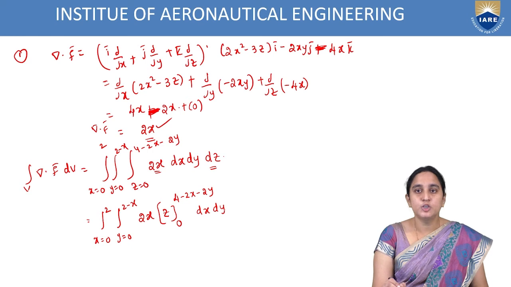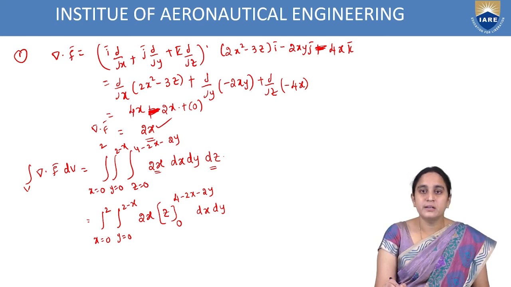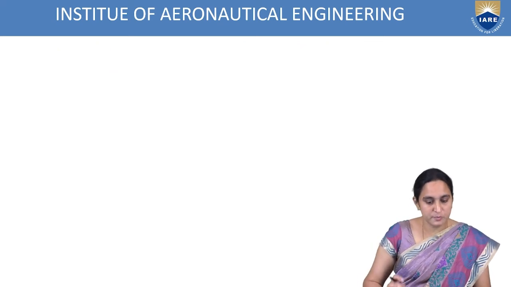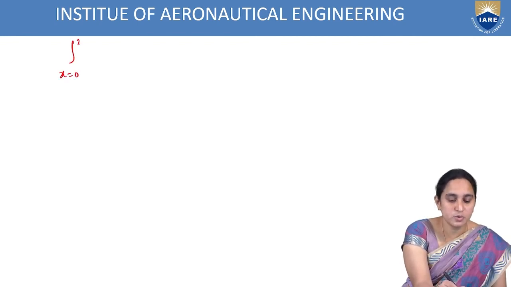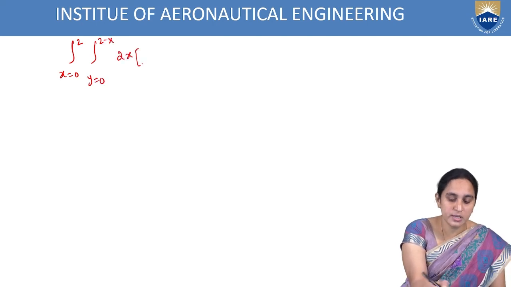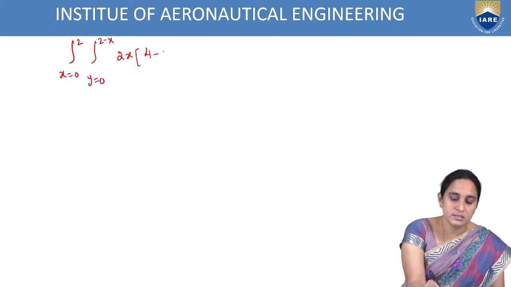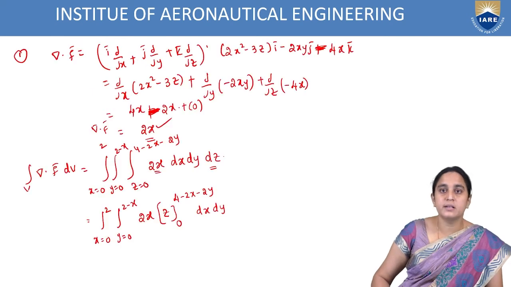After the integration with respect to z, now substitute the limit points. That is x from 0 to 2, y from 0 to 2 minus x, 2x into, what is the z upper point? That is 4 minus 2x minus 2y.